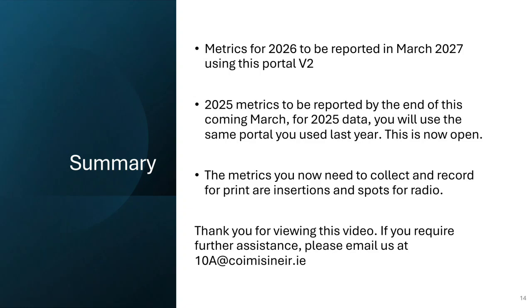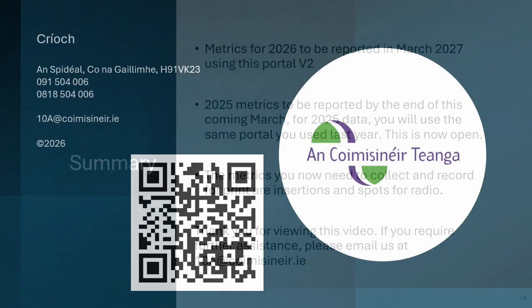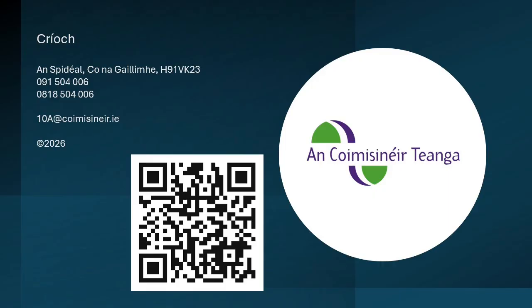We may return to you and ask for further evidence of various advertising or rotation schedules during audit. Remember though, this portal will not be available for 2025 data. When that data has been collected and collated at the end of March, OCT will then open this new portal. If you require any further assistance, email us 10a@commissioner.ie.